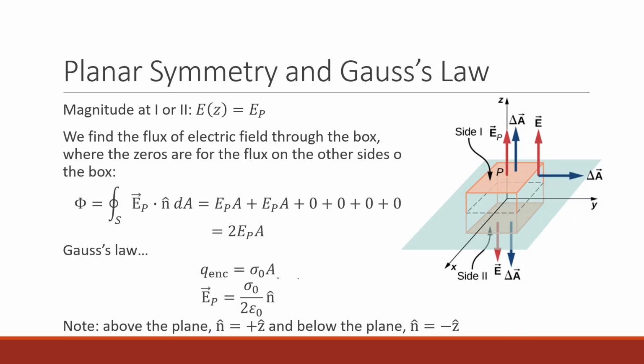And the n hat direction depends on if we are above or below the plane. Above the plane, n hat is equal to positive z hat. And below the plane, n hat is equal to negative z hat. So it just depends on where we are interested.